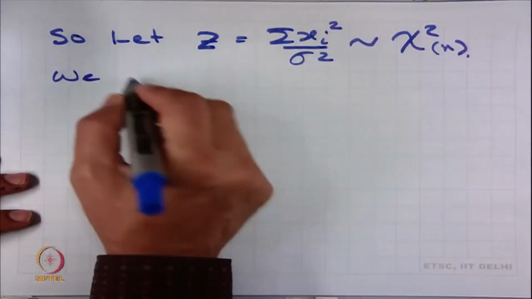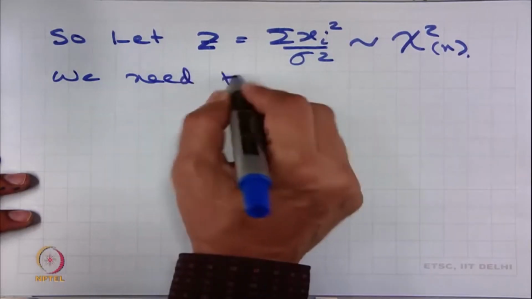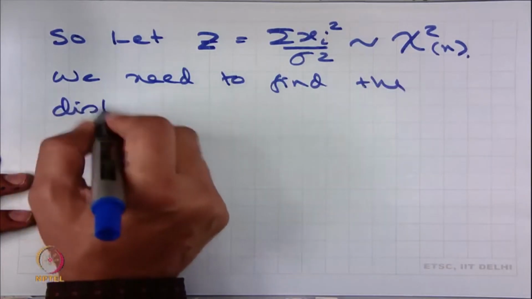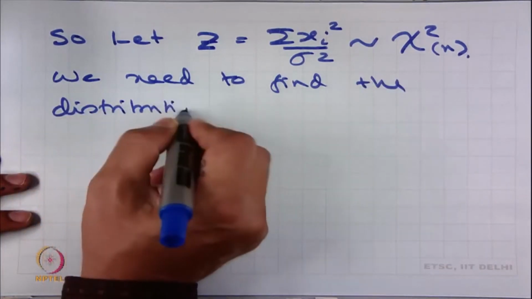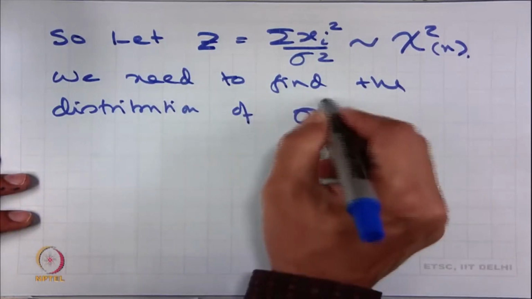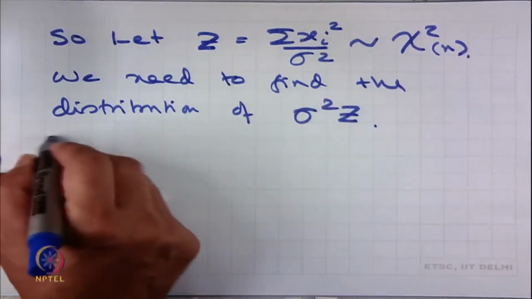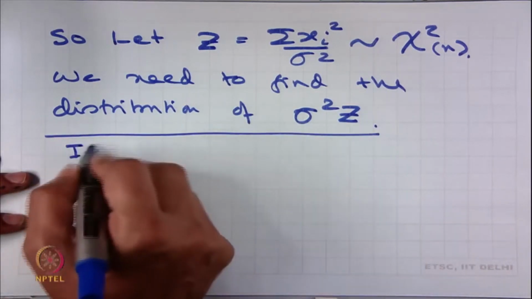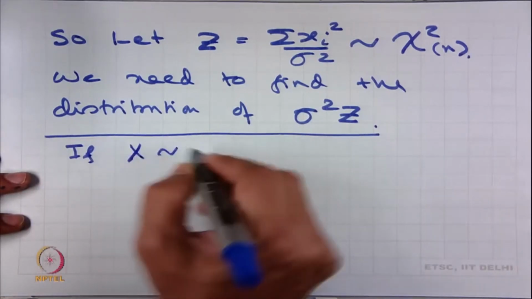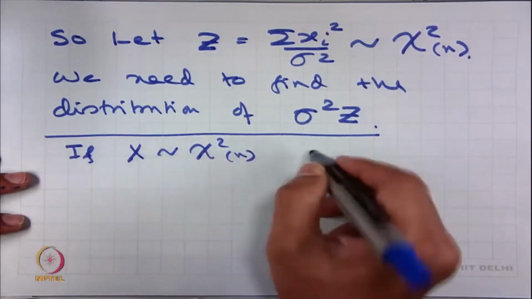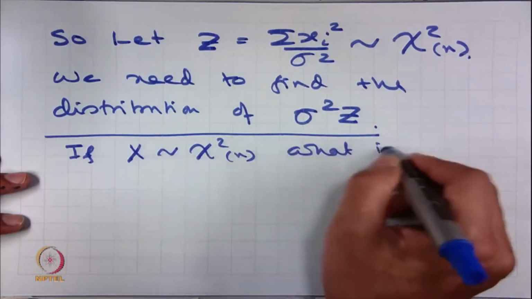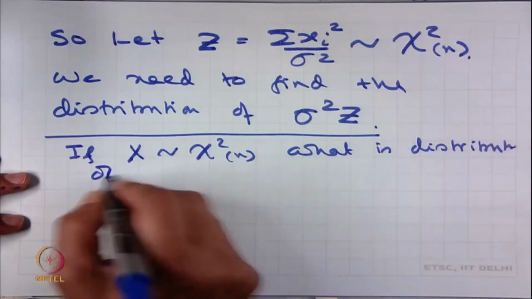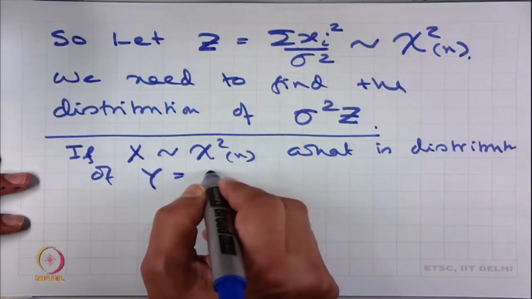We need to find the distribution of sigma square z. So, if x is chi-square with n, what is the distribution of y is equal to Cx?